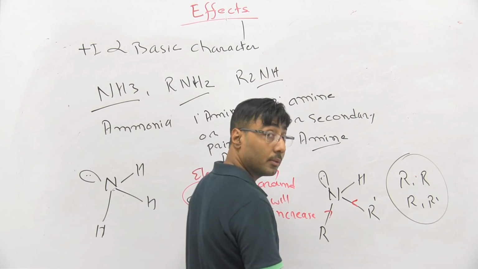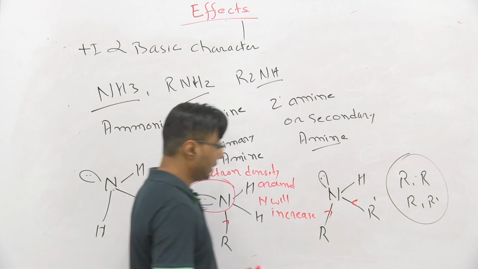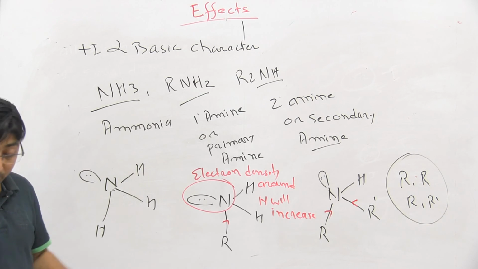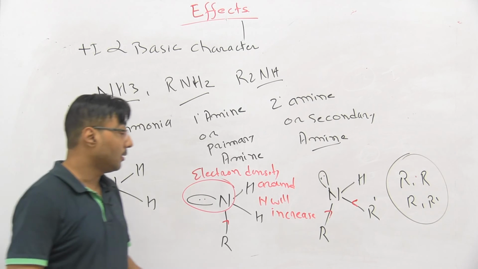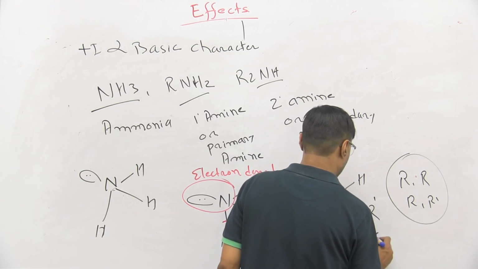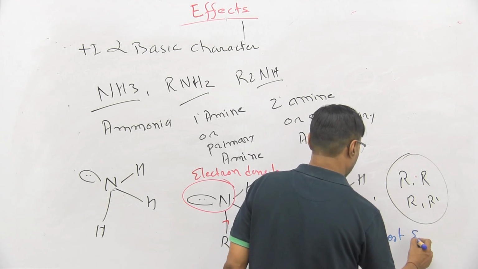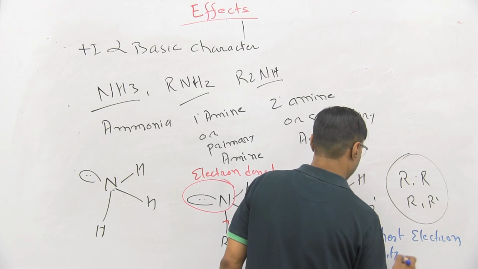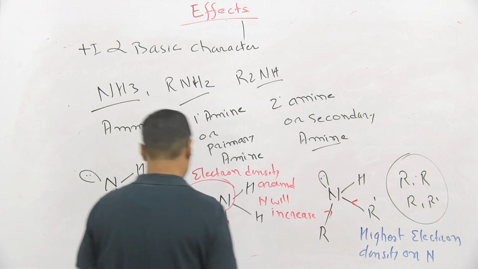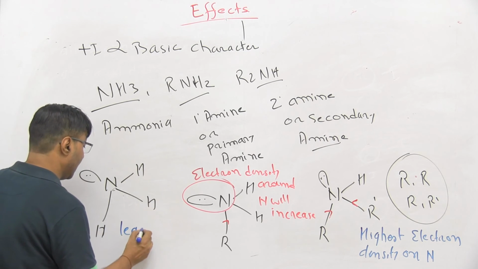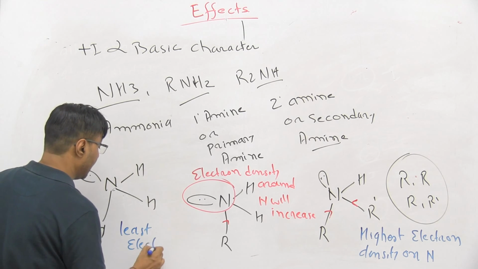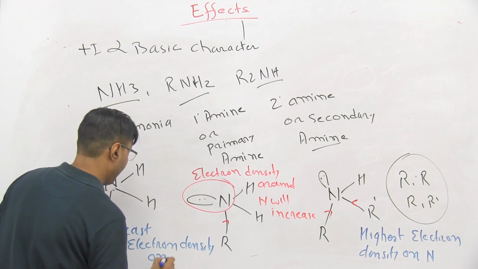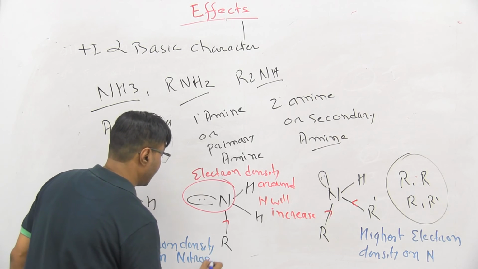Here 2 groups are there, and these 2 groups will increase the electron density on nitrogen. As a result, this will have the highest electron density on nitrogen. This will have the least electron density on nitrogen.